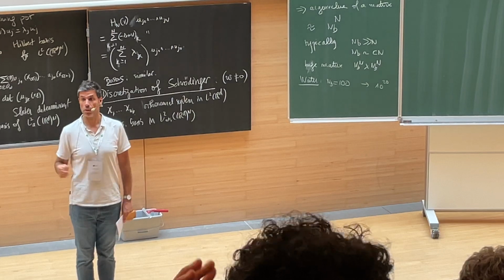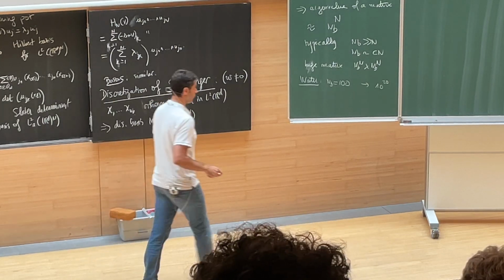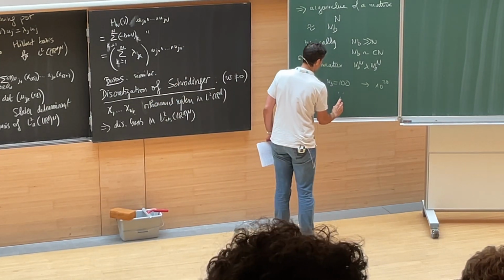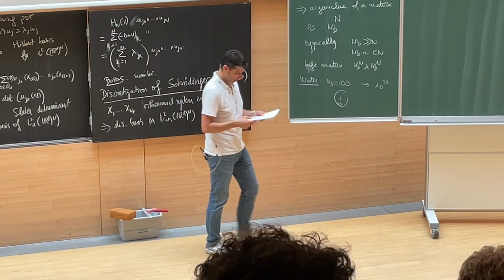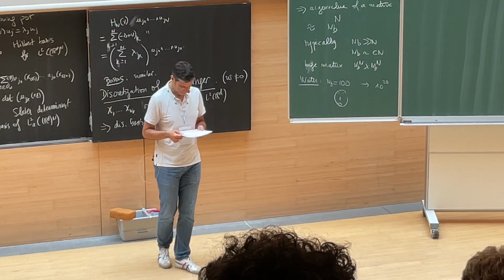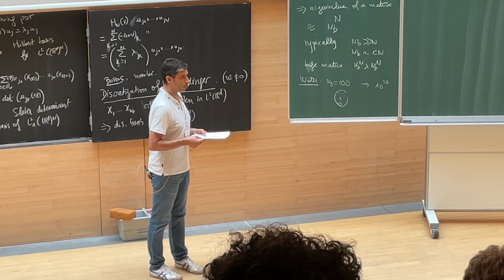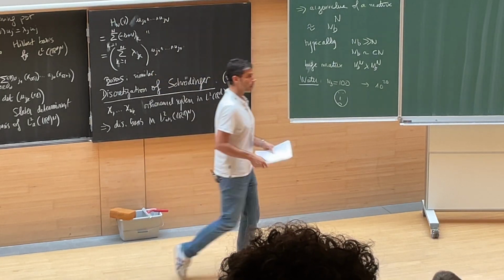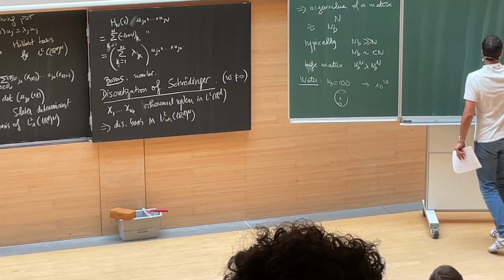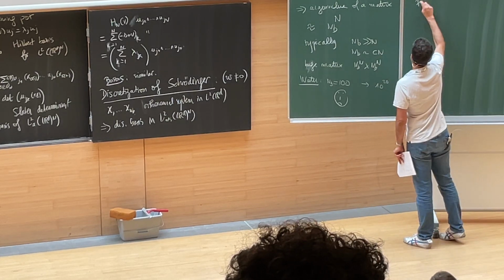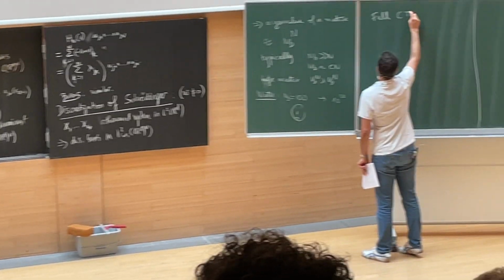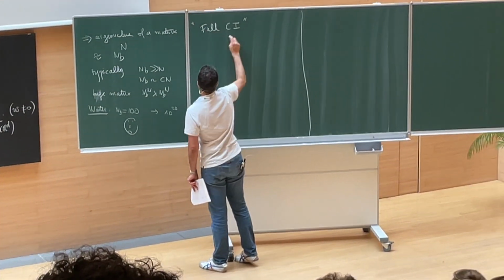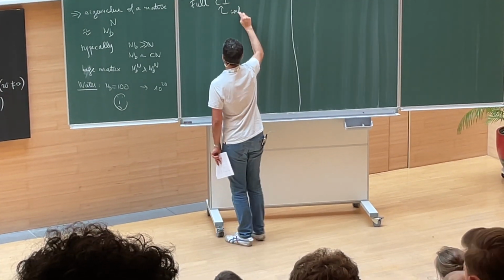And so it's just not doable. It's definitely not doable. This method, which nobody uses because it's not doable even for water, is what chemists call full CI. CI means configuration interaction.